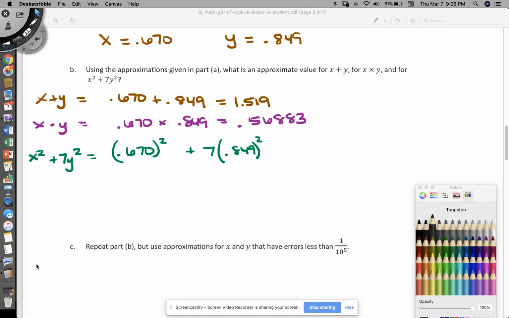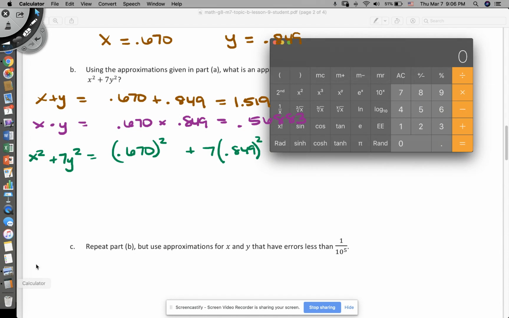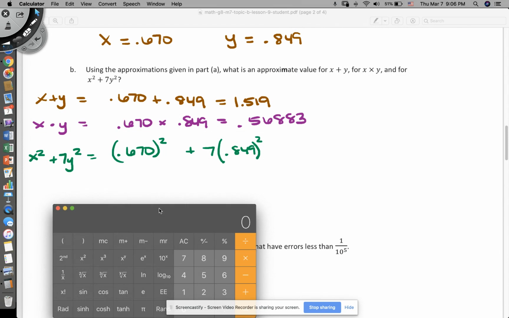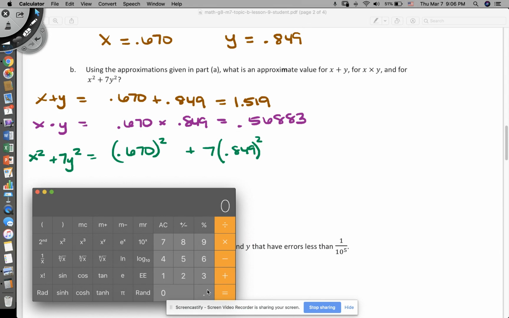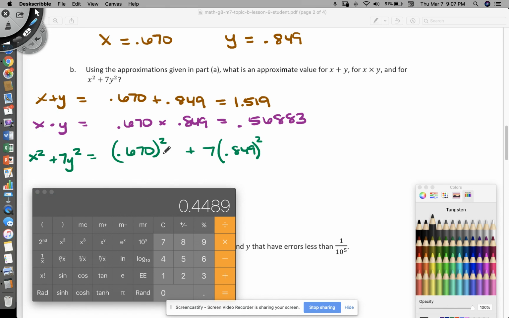Now for this one, I'll pull up the calculator just so you can see what I'm doing here. All right, so we're going to do 0.670, and I'm going to square it. And I get, I'm going to put it over here, 0.4489 is the answer to that part right there.